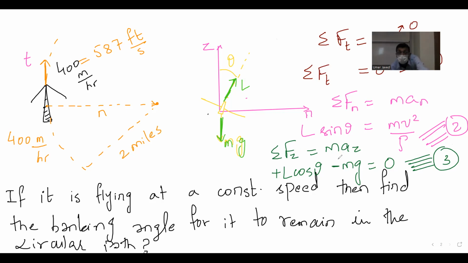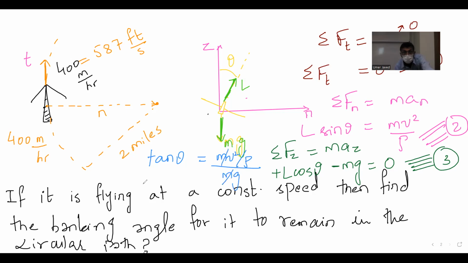And all you have to do is play with equation 2 and 3. So equation 2 has L sine theta and this has L cosine theta. So I will say L sine theta over L cos theta gives me tan theta equal to m v square over rho divided by mg.